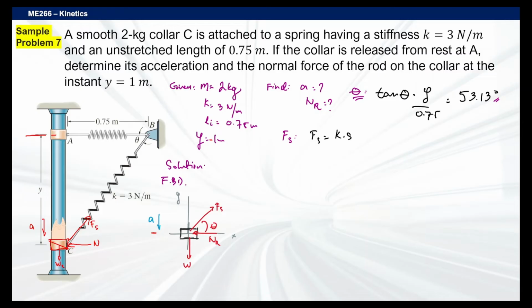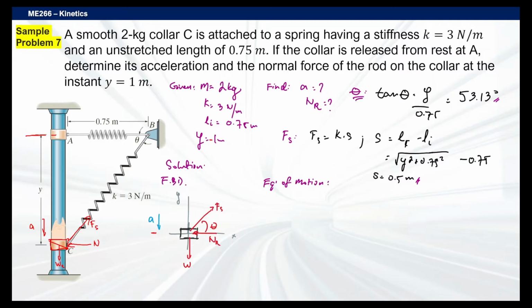We substitute the known values here, where s is the final length minus initial length. In this particular case, we can simply use trigonometry to determine the final length, because this is the final length, not 1. So we have square root of 1 squared plus 0.75 squared, minus 0.75, and we will have s at 0.5 meters. All we have to do is substitute that.